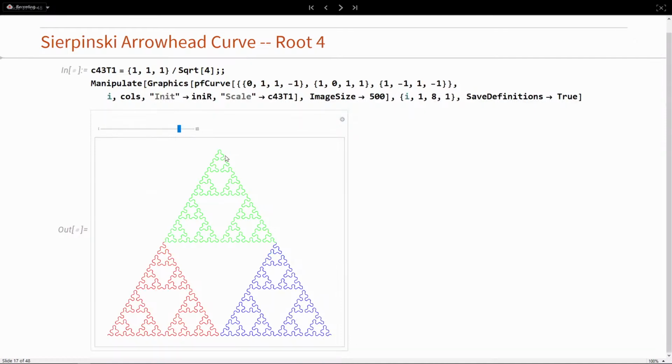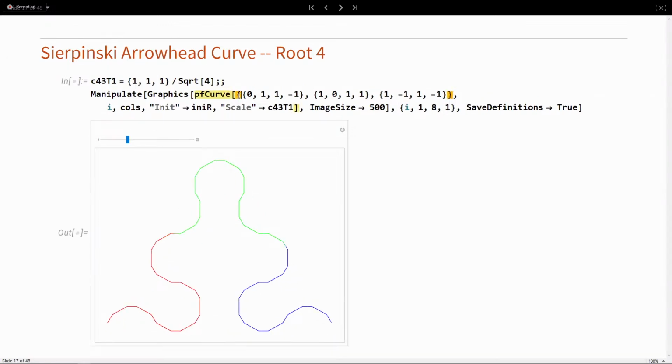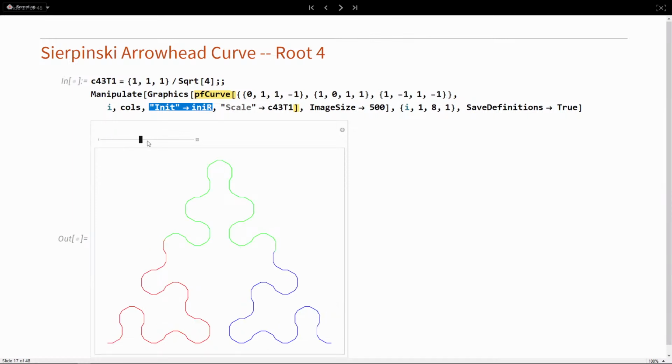And the Sierpinski arrowhead curve is another item that can be shown with this set of curves. Here we use a slightly different initial condition, so we can get different curves out.